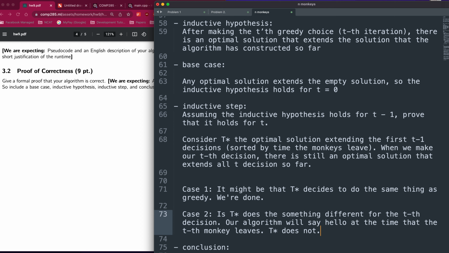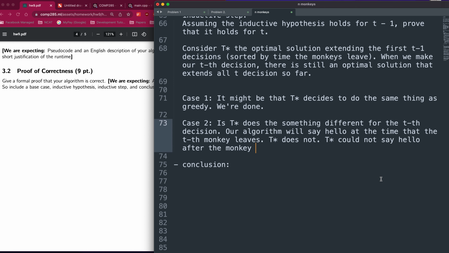Okay, so T star could not say hello after the monkey left because the monkey has already left, right? So it must have said hello to that monkey earlier, right? At some point earlier in time, it must have said hello to the monkey that just left, right?